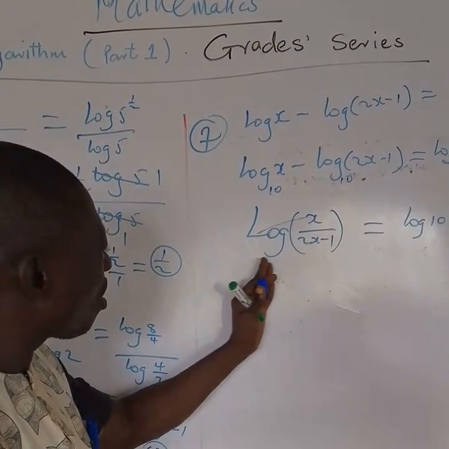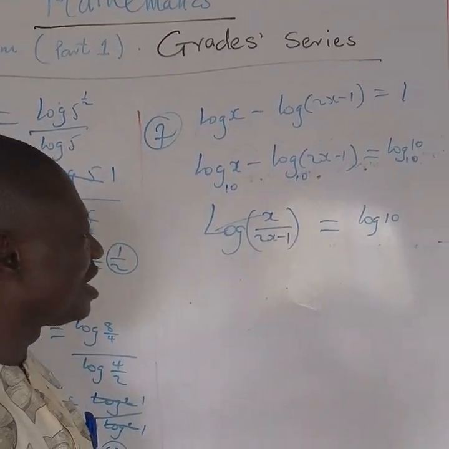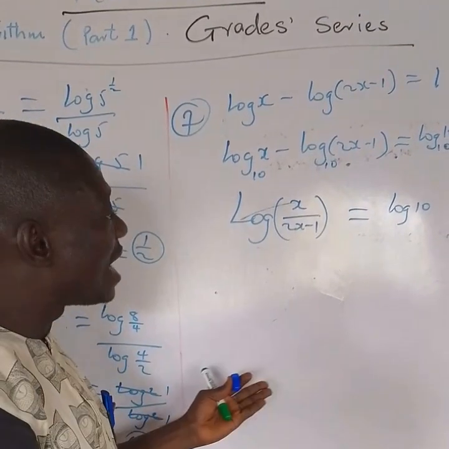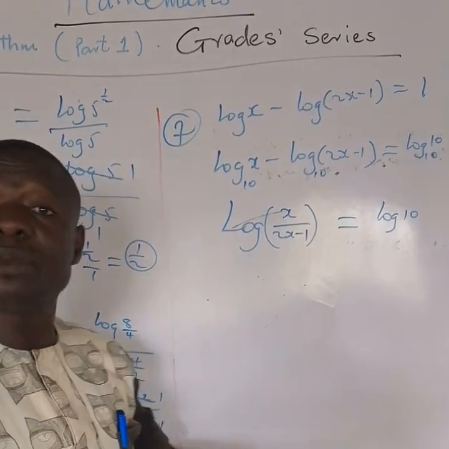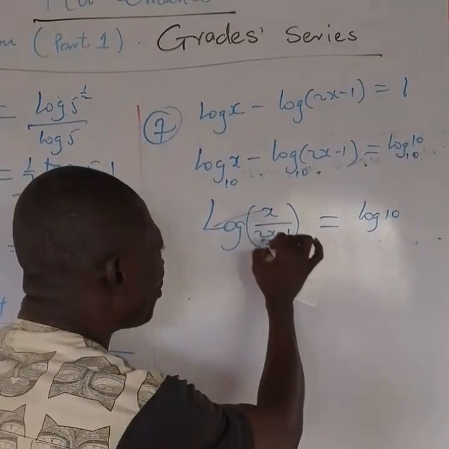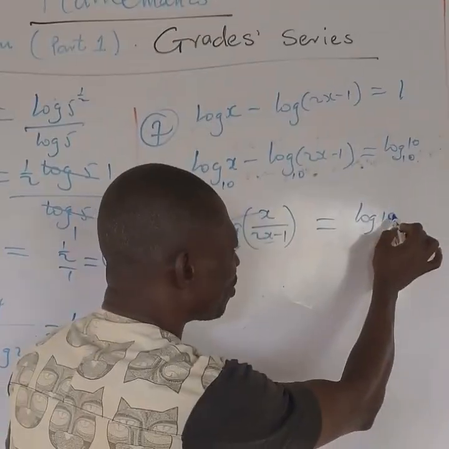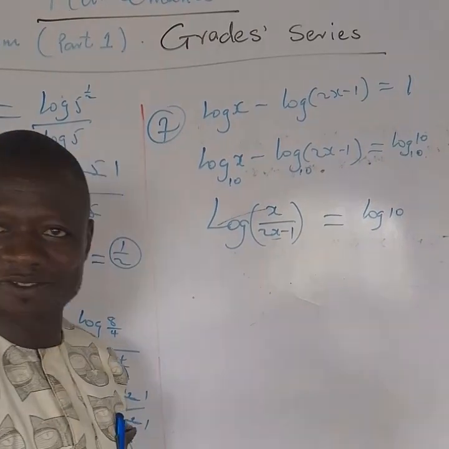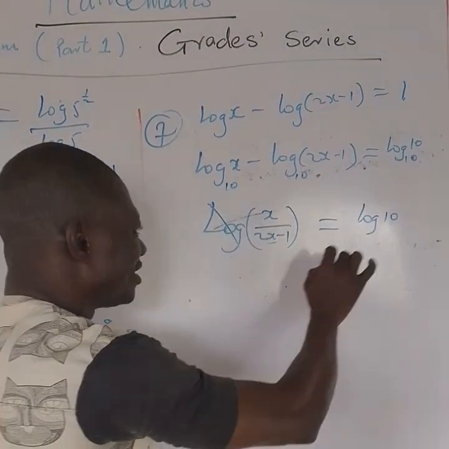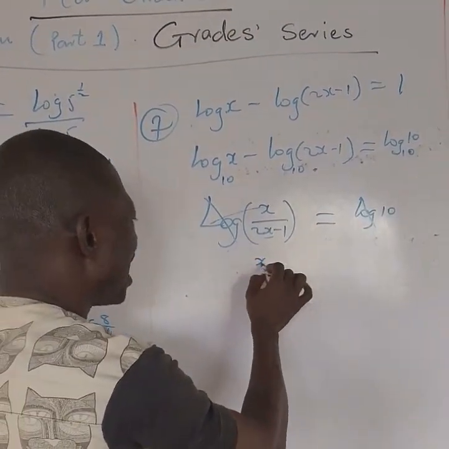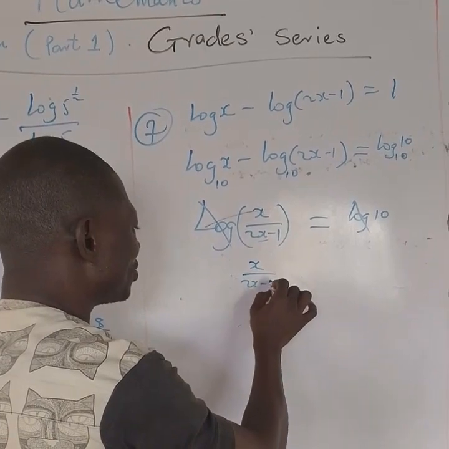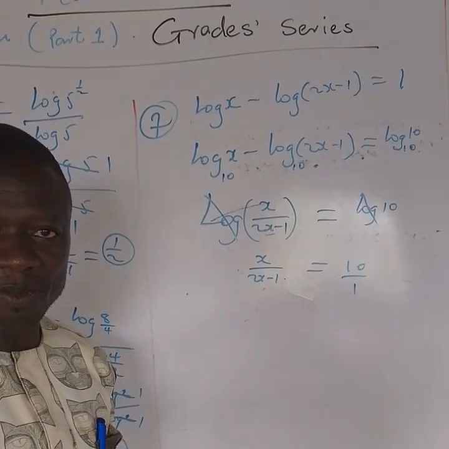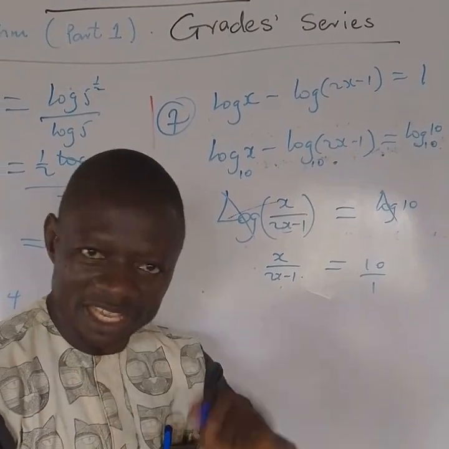If the log of this left-hand side and log of the right-hand side are equal, then their numbers are going to be equal. If your log is equal to your log, it means this number will be equal to the number itself. And so we are going to cancel out the log and equate x over 2x minus 1 is equal to 10. Remember, the 10 can be written as 10 over 1, because every whole number is over 1.